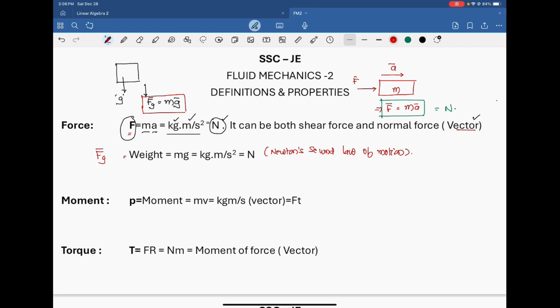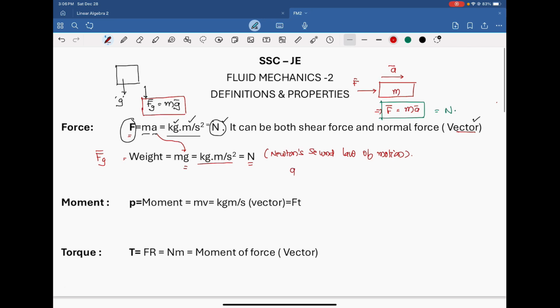We will sometimes call it weight. It has the same units, where acceleration a is replaced by acceleration due to gravity g, and it has the same units of kg meter per second square, that is Newton, where g is equal to 9.81 meters per second square on the surface of the earth.